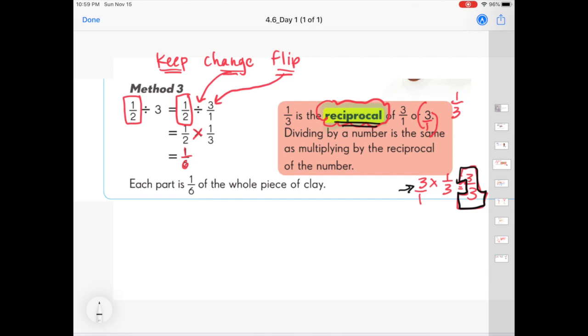And so in the shortcut method, you keep the first fraction, you change the division sign to multiplication, and you flip the whole number to its reciprocal of 1/3. And then you can multiply and you have your solution. So any of these 3 methods work when you're trying to divide a fraction by a whole number. You just have to choose the one that works best for your brain, the one that makes most sense to you.